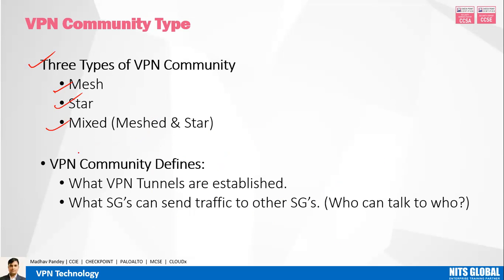Now look at this. First of all, VPN community, as I said, defines how the VPN tunnels are established and which security gateways can exchange traffic with which other security gateway, who can talk to whom. That is your VPN community.